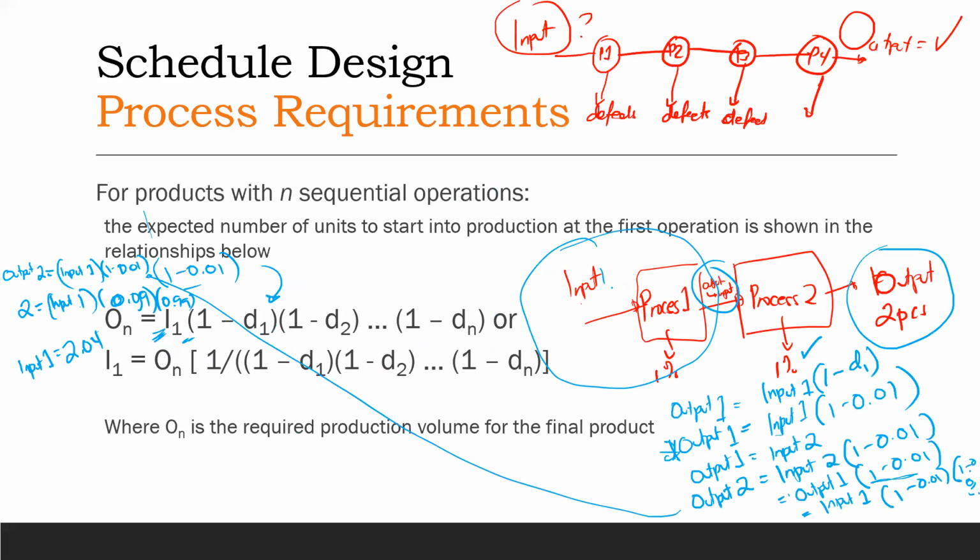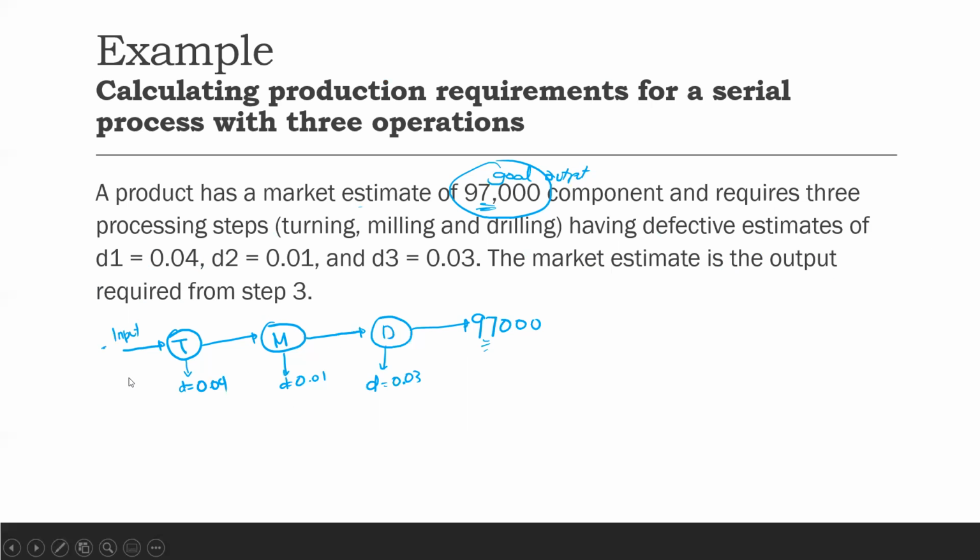So, kung titingnan natin, kung babalikan yung formula, parang ito yung susundin natin. Input is equal to the output divided by 1 minus D1, 1 minus D2, 1 minus D3.